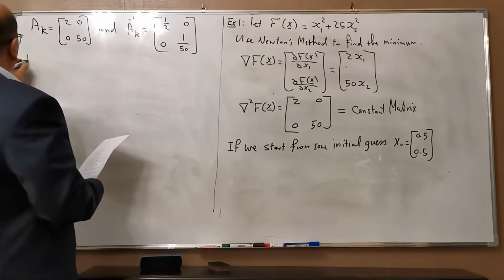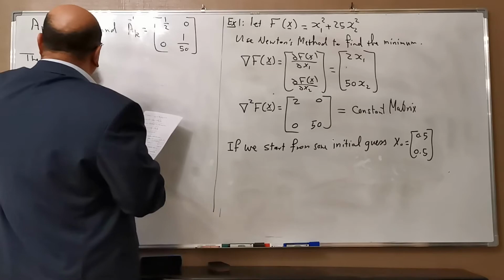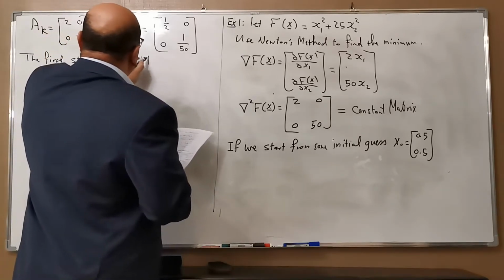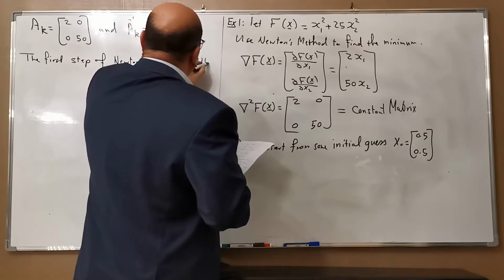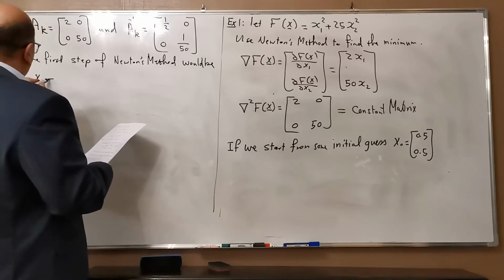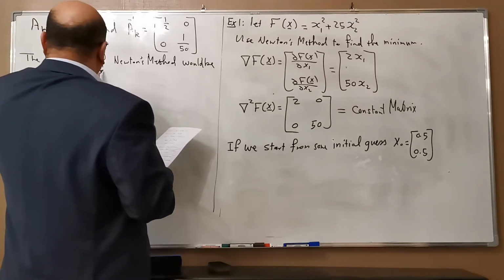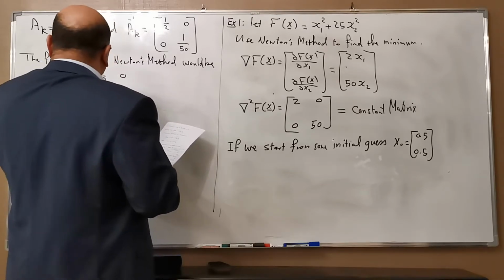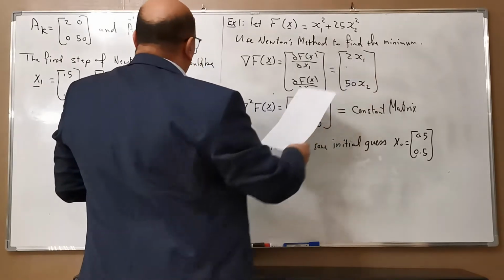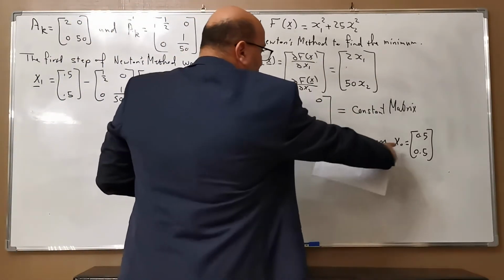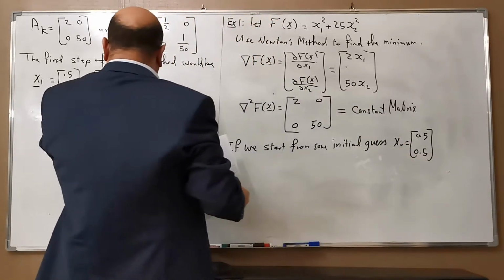Okay. So the first step of Newton's method would be x1 equals 0.5, which is x at 0, minus A inverse, which is 1/2, 0, 0, 1/50, times the gradient at x0, so 0.5 times 2 is 1, and 0.5 times 50 is 25.